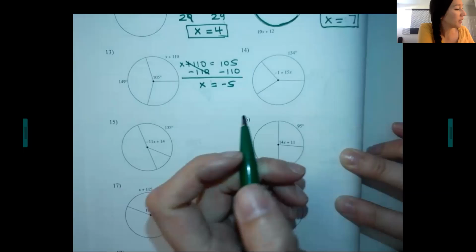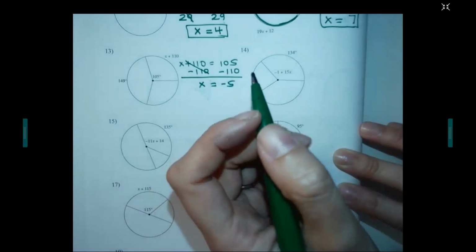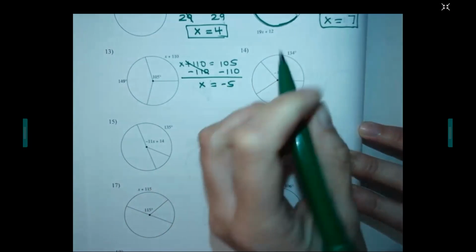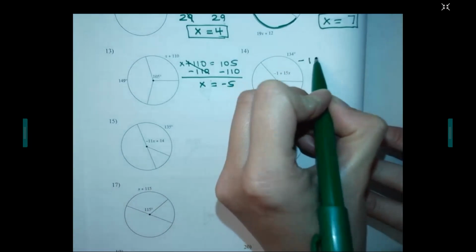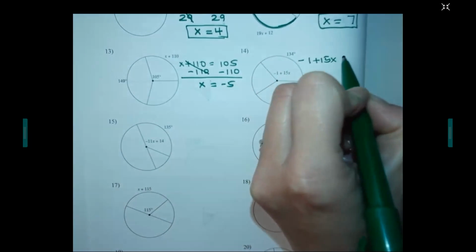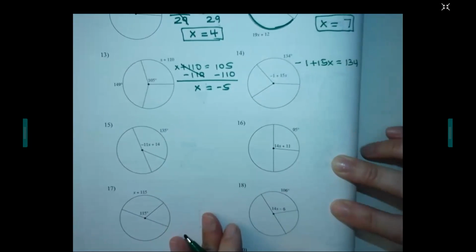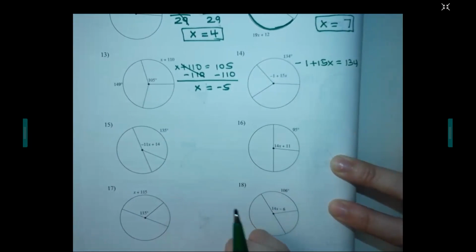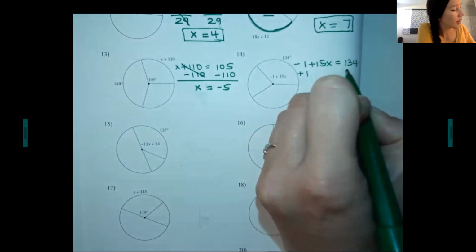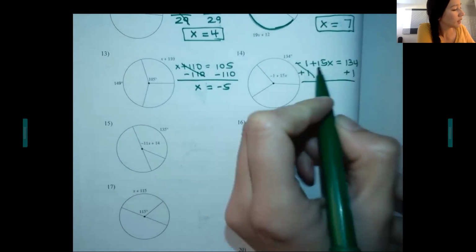And then number 14? For number 14, I did -1 plus 15x equals 134. And then I took the number 1 and put it on both sides. Very good. Added 1 to both sides.